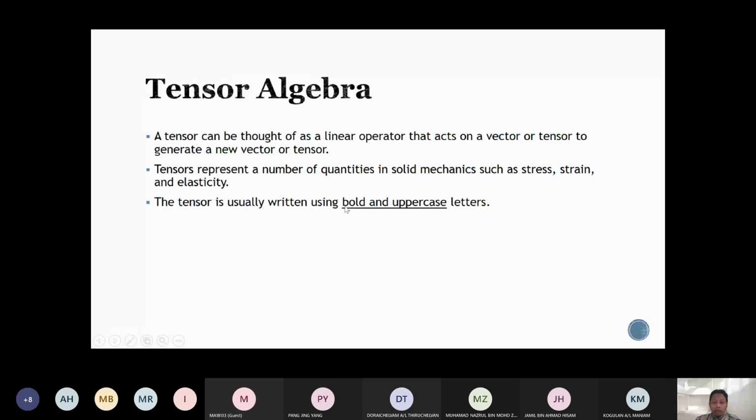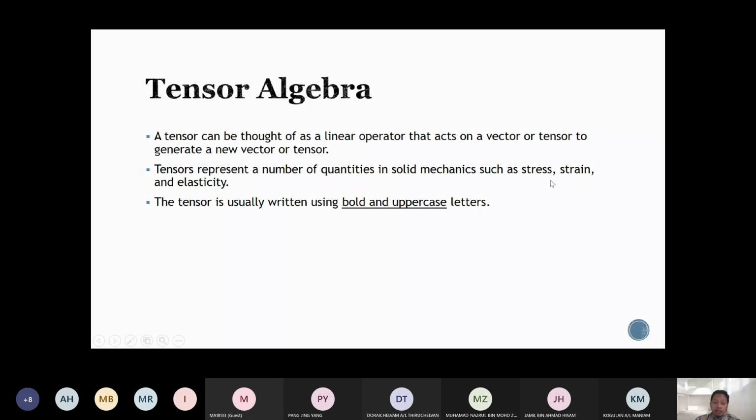So what is a tensor? A tensor can be thought of as a linear operator that acts on a vector or a tensor to generate a new vector or tensor. In solid mechanics, tensors represent quantities such as strain, stress, and elasticity.